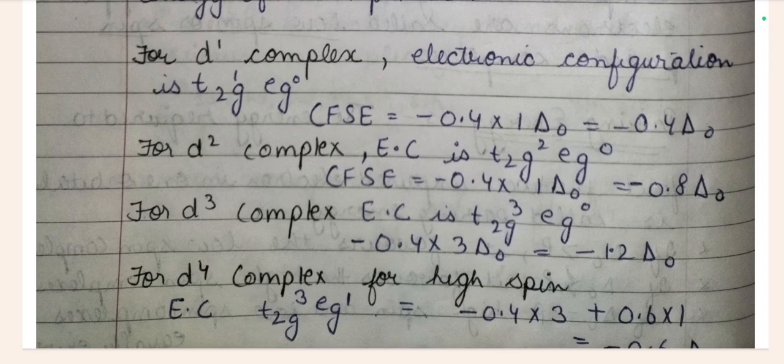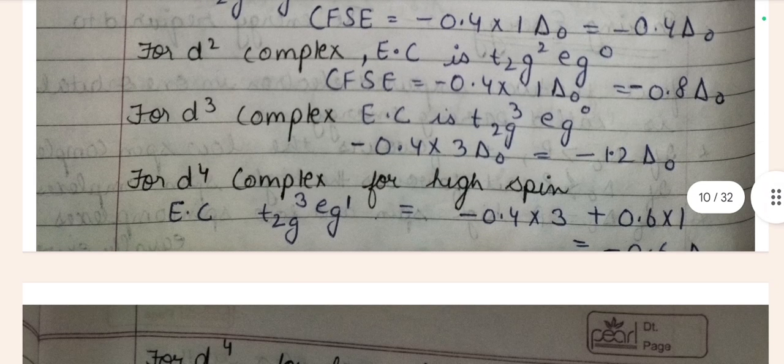For a d4 complex, for high spin, the electronic configuration is t2g3 eg1. The CFSE is equal to minus 0.4 into 3 plus 0.6 into 1, which is equal to minus 0.6 delta naught.